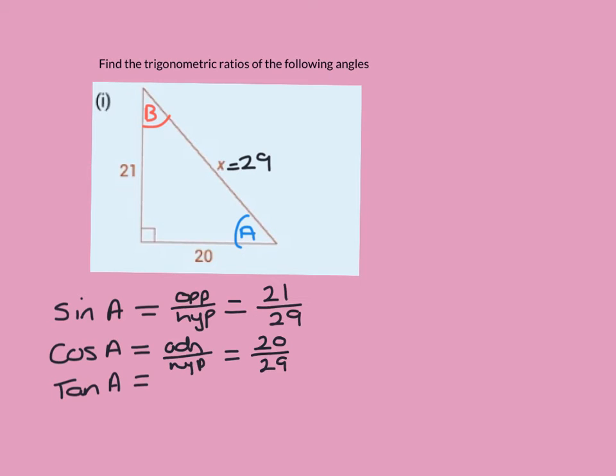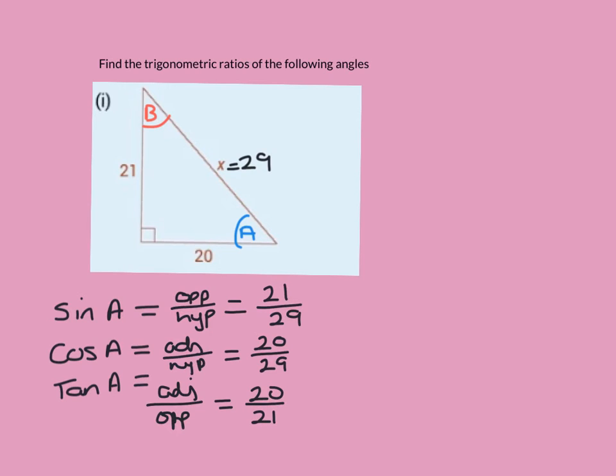And the final part, tan of A. So tan is adjacent over opposite. Again, these formulas are in your log table. So we have adjacent over opposite. So adjacent to this is 20 and the opposite is 21. So I have 20 over 21.